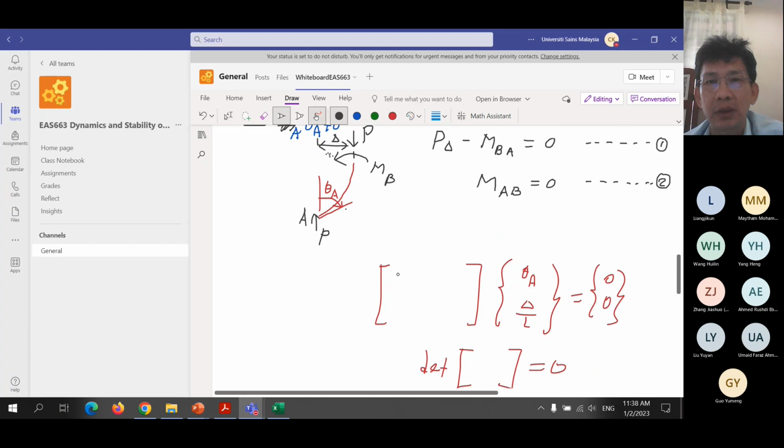That two sets of equations can finally be represented in matrix form in this way. We write the two equations that we simplified from here, involving theta A and delta over L, in matrix form in this way.